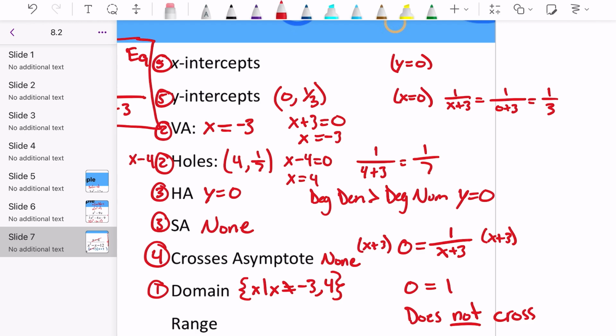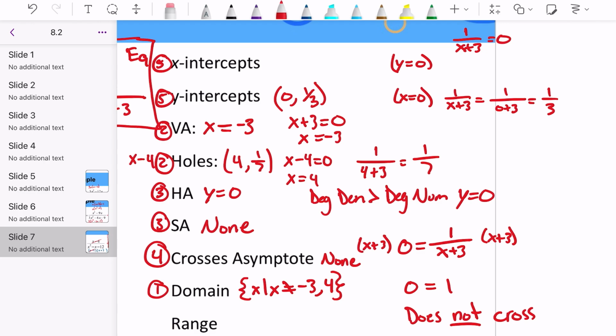Now let's solve for our x-intercept. We're going to do the same thing. We're going to plug in 0 for y. Now when we do that, we're going to get 1 over x plus 3 is equal to 0.